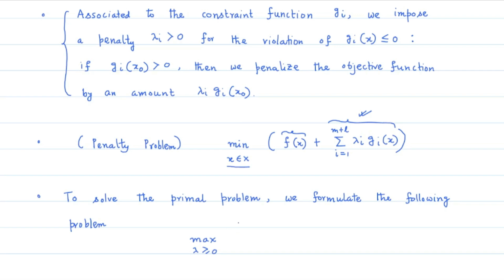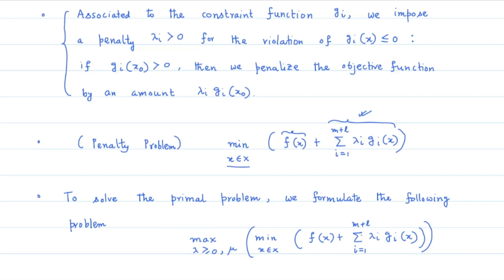And hence, to solve the primal problem we formulate this problem: maximization of this penalty function, f(x) plus summation over lambda_i g_i(x).